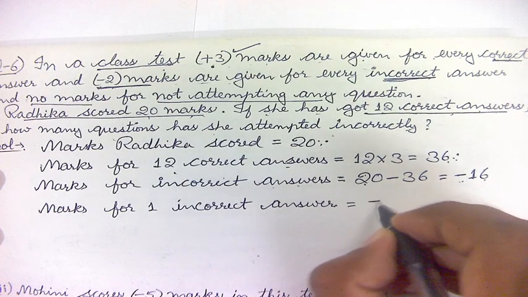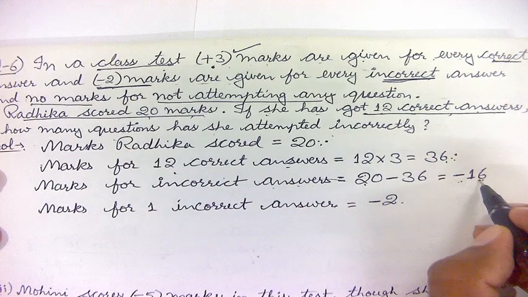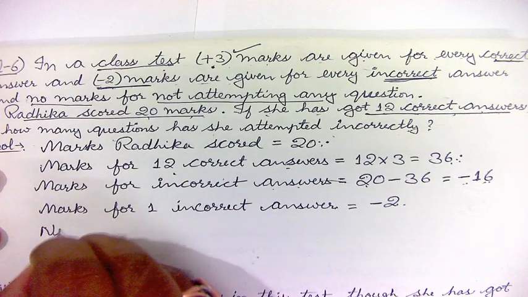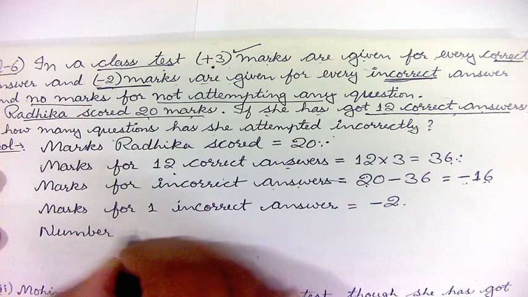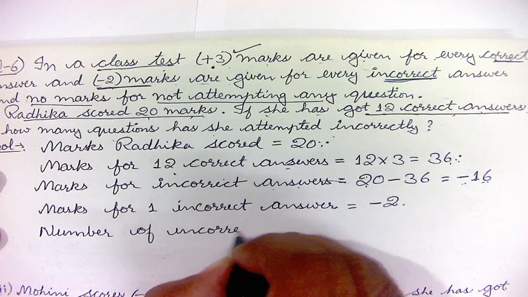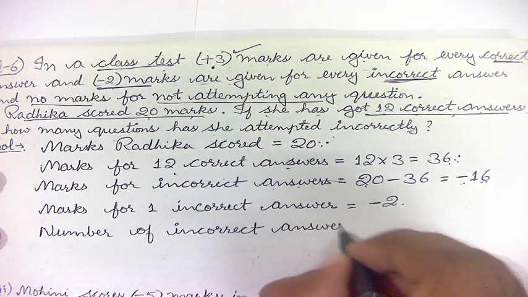If one incorrect answer is there, what is the marks? -2. Total marks she is getting is -16. Then number of questions, or you can straight away write number of incorrect answers.